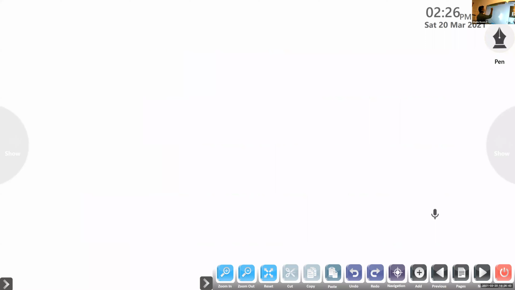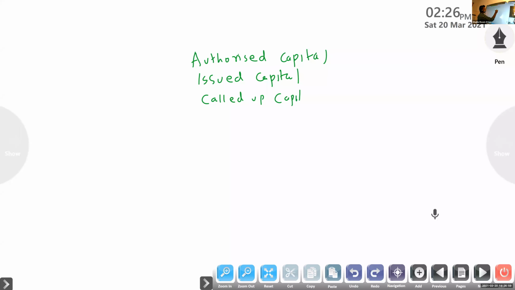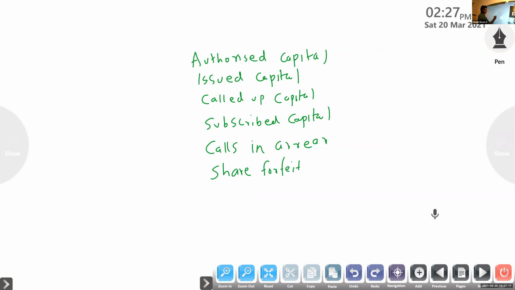So under share capital, what are the items? Authorized capital, issued capital, called up capital, subscribed capital, calls in arrear, then share forfeited account. These are the items included in share capital.